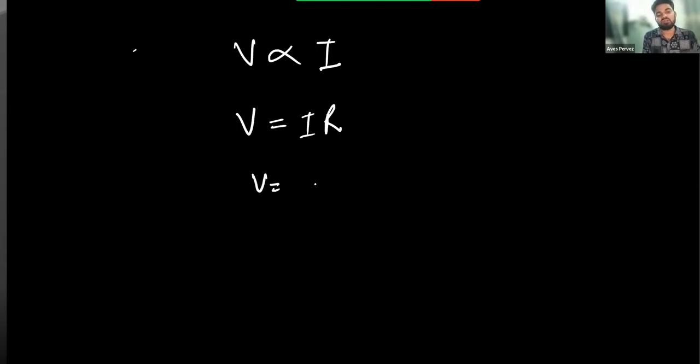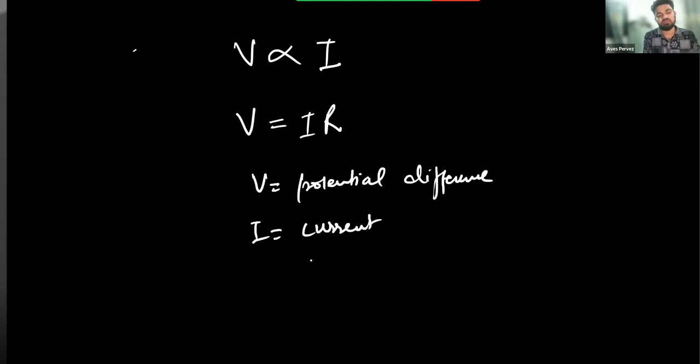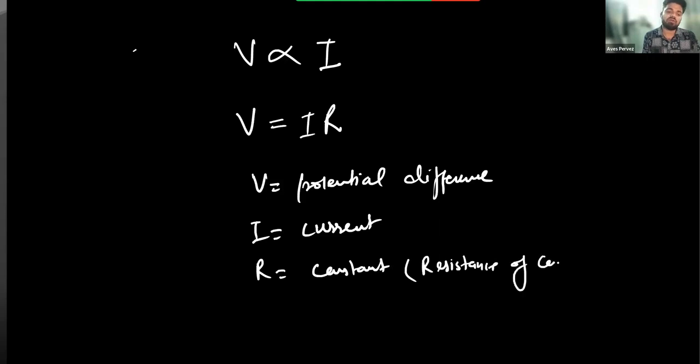Where V is potential difference, I is current, and R is the constant called resistance of the conductor.